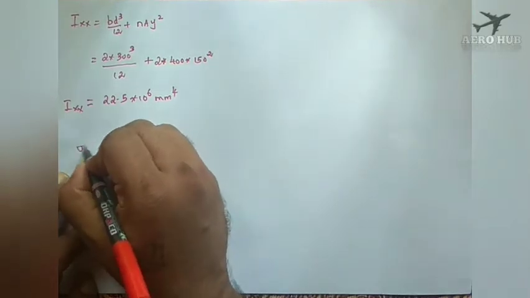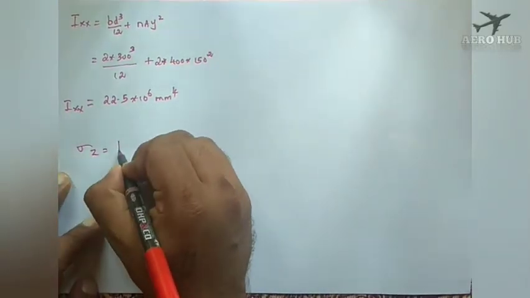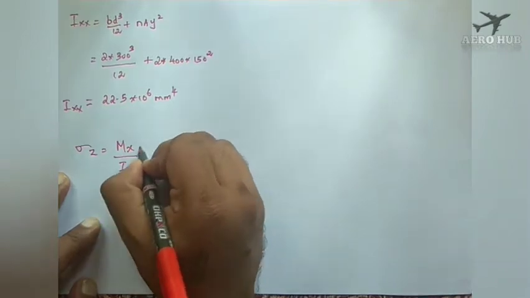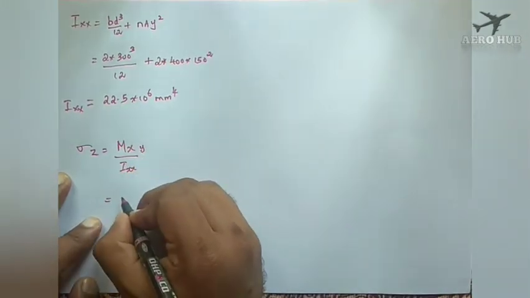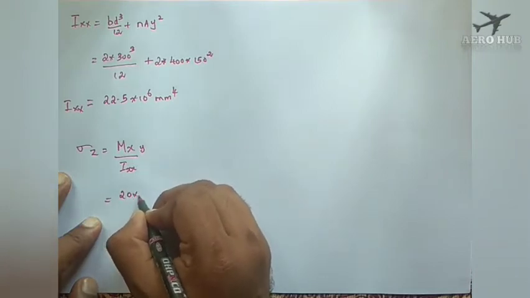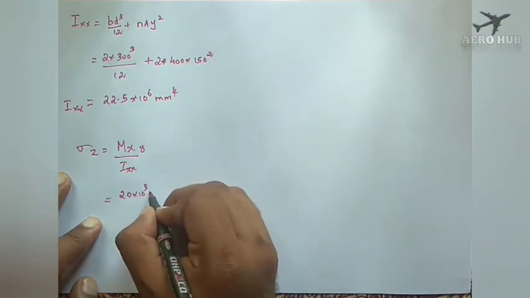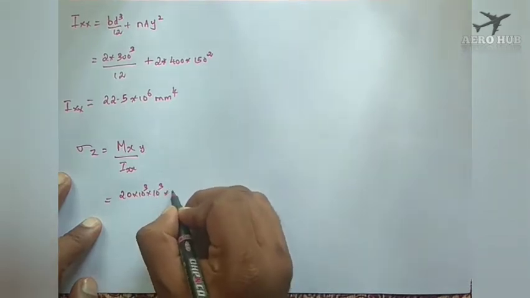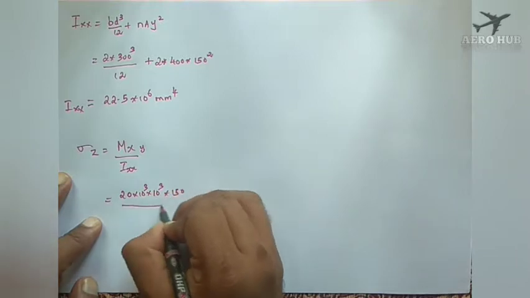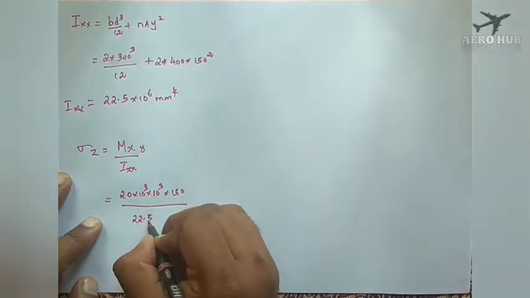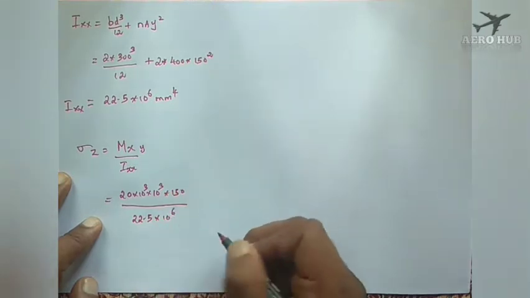So sigma z is equal to Mx by Ixx into y. I can get Mx is 20 into 10 power 3 kilonewton meter. I'll convert into millimeter, that will be 10 power 3 again, into 150 divided by Ixx, which is 22.5 into 10 power 6.